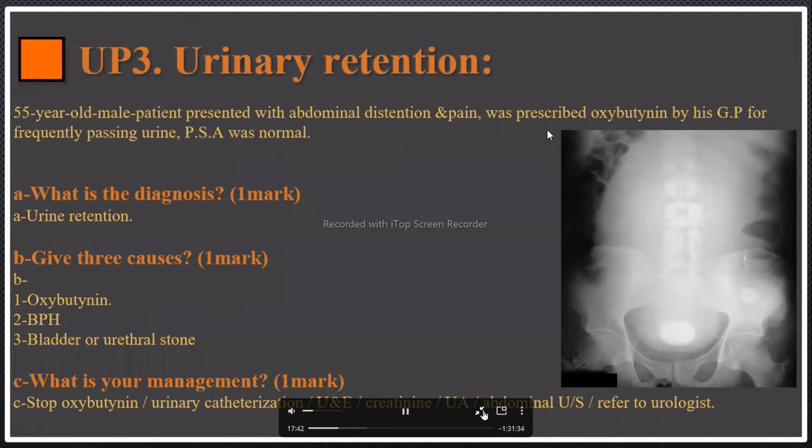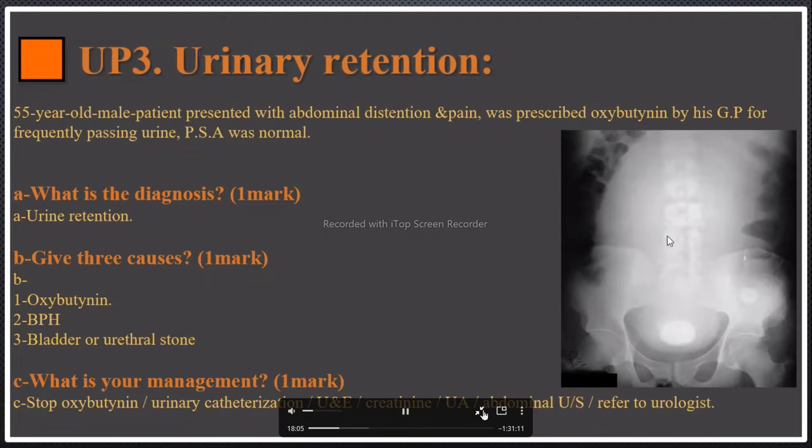Was prescribed oxybutynin. What does it mean, oxybutynin? For incontinence, urinary incontinence. Anticholinergic. So it will cause retention, and it can cause constipation as well. The GP gave it for frequently passing urine.